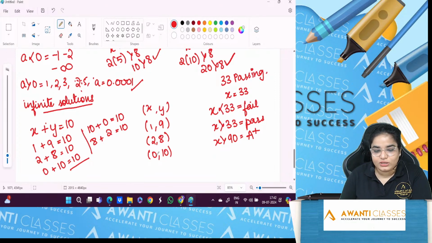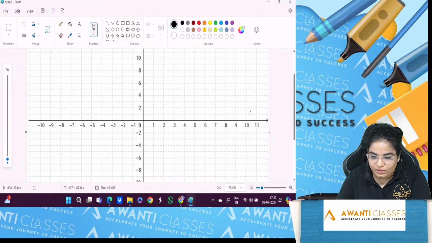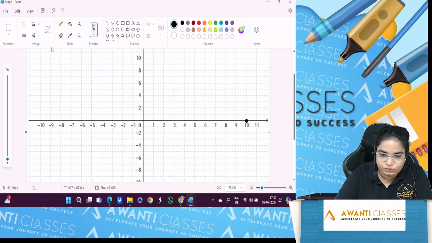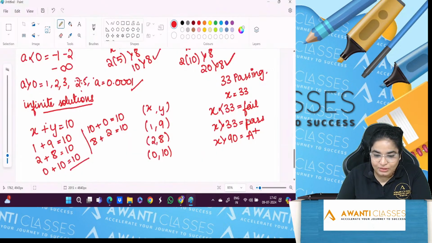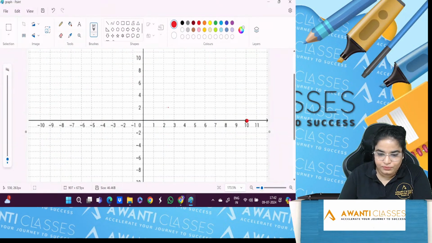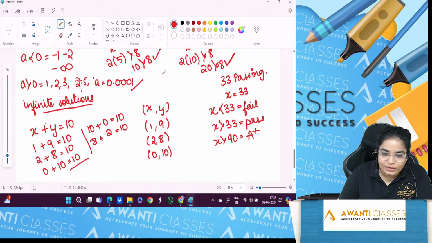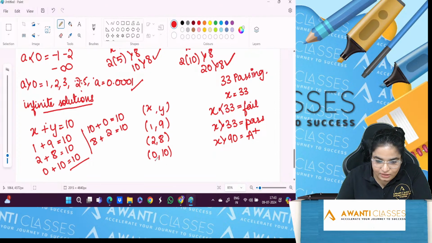How can we plot this? 0, 10. Where is 0, 10? Isn't this 0, 10? Can everybody see? Okay. This is 0 and 10. Similarly, 2 and 8. If x is 2 and y is 8. Here. Yes. And then 1 and 9. Or let us take this point.